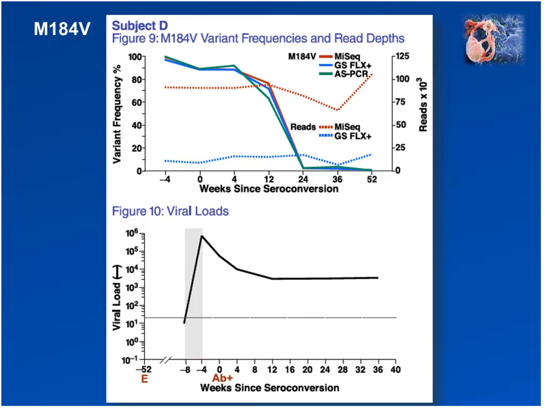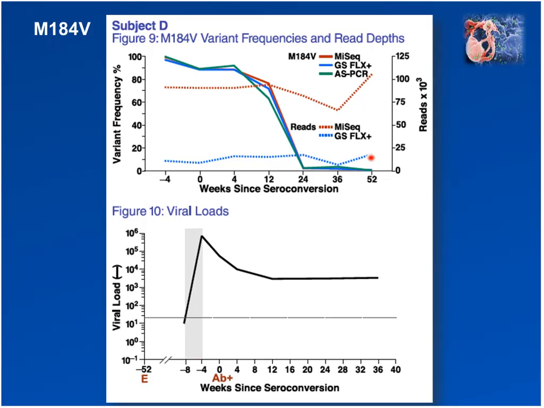So the bottom line here is we want to focus on the comparison of the plots of the specimens over this time frame for the variant frequencies obtained from the sequencing data from the 2 sequencing platforms. And as you can see, they both actually track very closely, including with the allele-specific PCR data. The dotted lines here, by the way, that span across the charts are read depths.